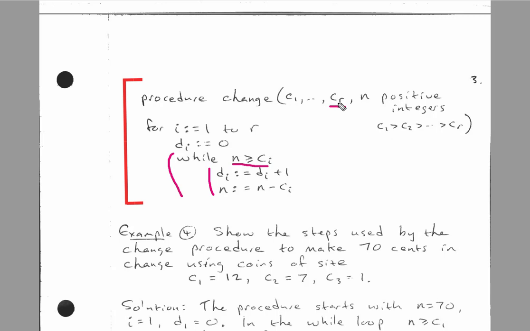If you're dealing with pennies, then you can make the whole n completely, but if CR is not equal to 1, then it might not be able to make complete change.